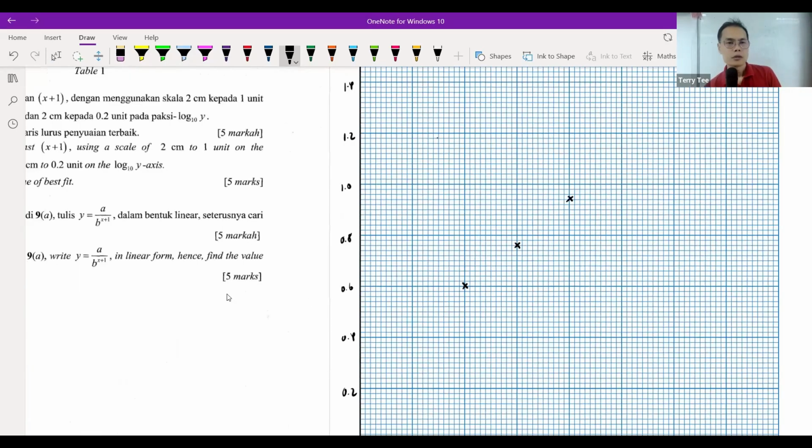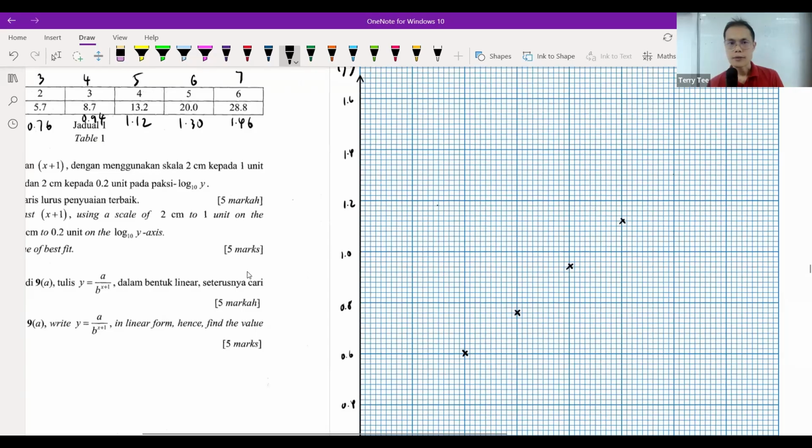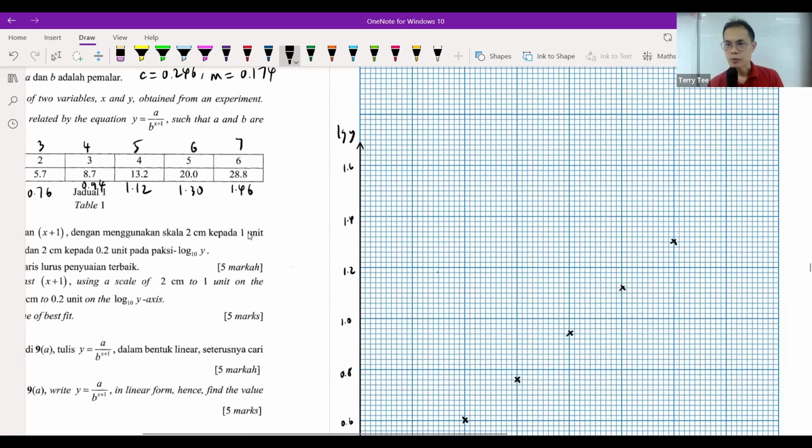Next, 5, 1.12. 6, 1.30. And 7 is 1.46, which will be 3 boxes from here.